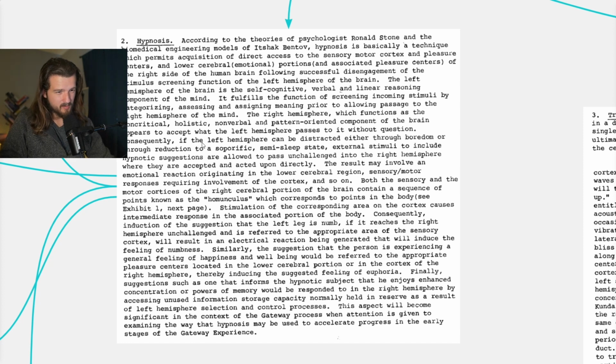Consequently, if the left hemisphere can be distracted, either by boredom or through reduction to a soporific semi-sleep state, external stimuli, to include hypnotic suggestions, are allowed to pass unchallenged into the right hemisphere, where they are accepted and acted upon directly. Does that remind you of anything?